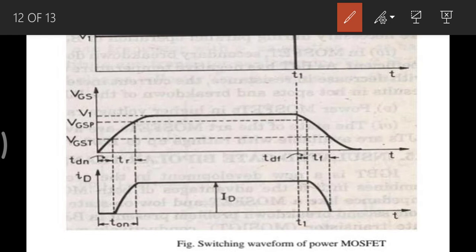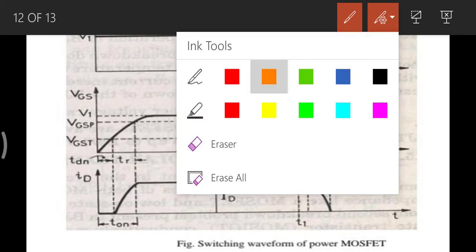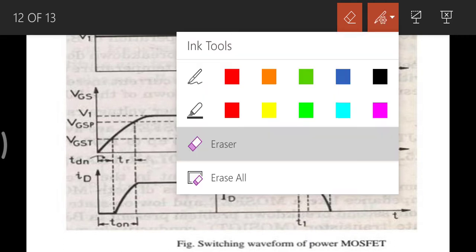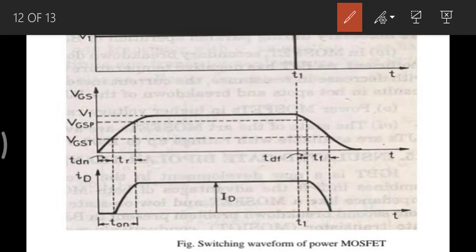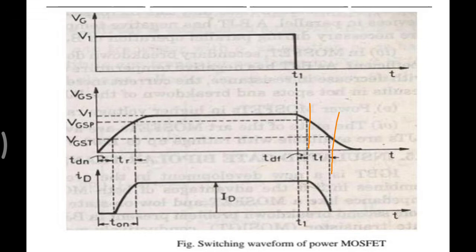Because of the capacitance effect, even though the gate voltage is removed, it sends the drain current. The time taken to reach from V1 to VGSP is considered as the delay time. After that, the time taken to reach from VGSP to VGST is considered as the fall time.